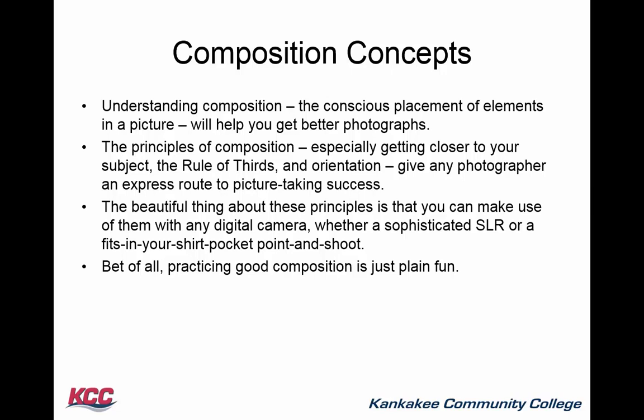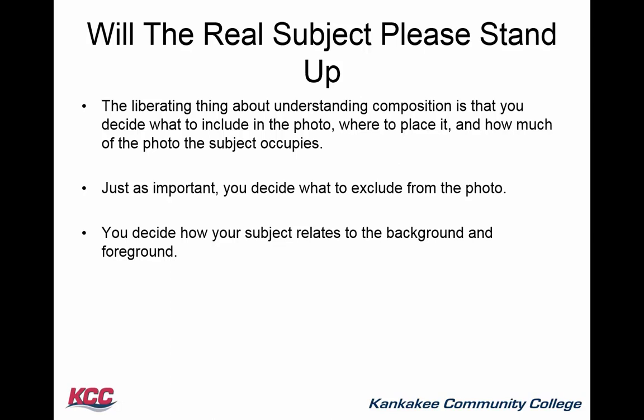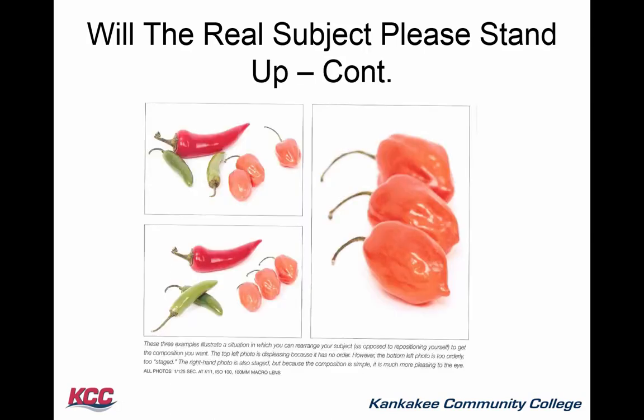There's many different rules of composition, but we're going to start with the real subject. We're going to basically say, what subject is it that is important to us? What do we want to include in our photo and what do we want to exclude in our photo? So this is going to help us decide then what is important to us.